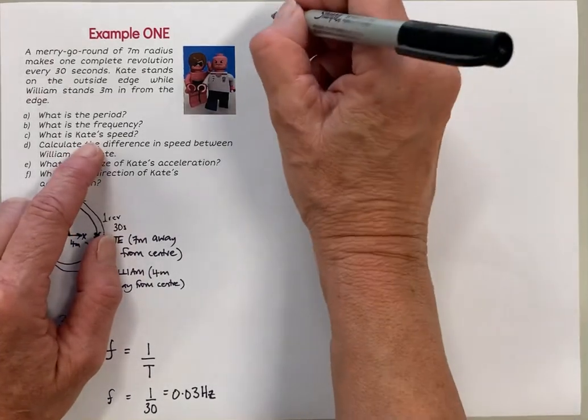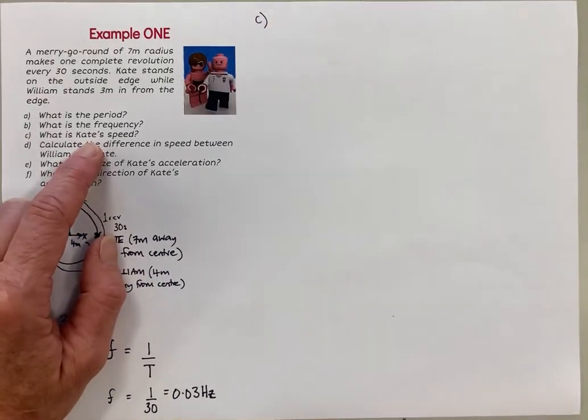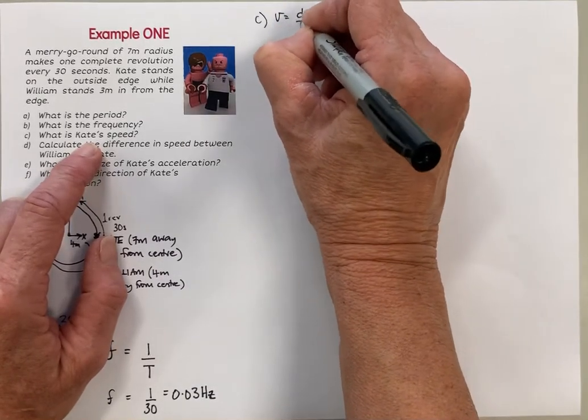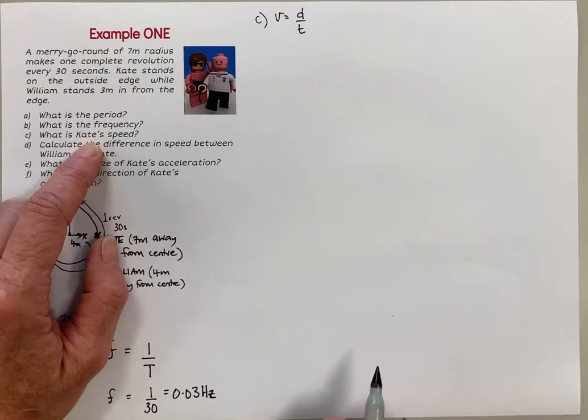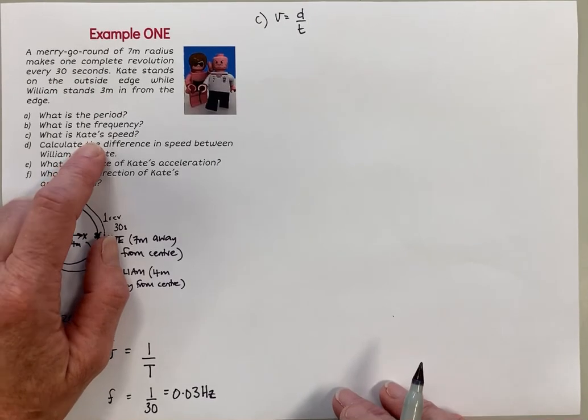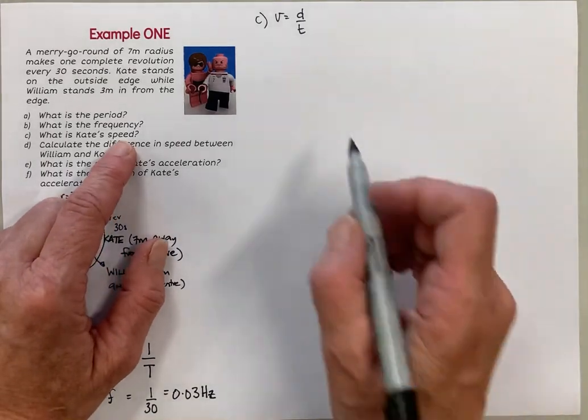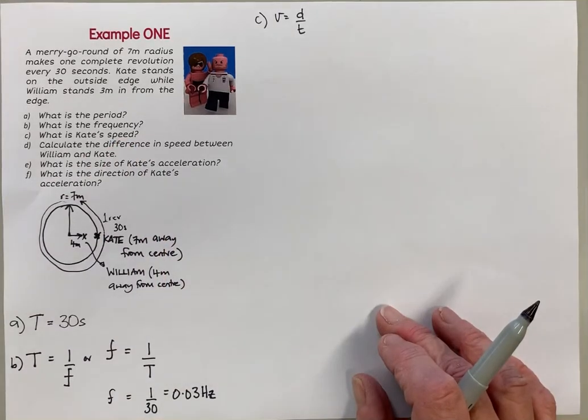Question C, what is Kate's speed? So speed is distance over time, okay? She's going at a constant speed because the merry-go-round goes round at a constant speed. So there's no acceleration. So how do we work out distance?